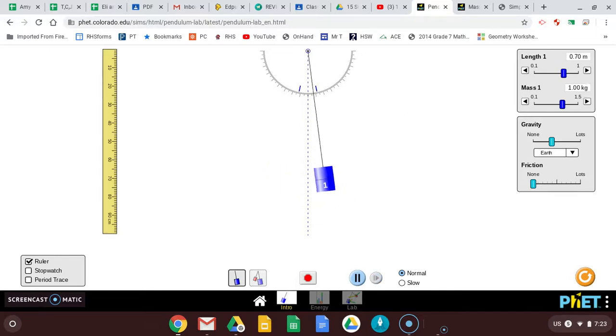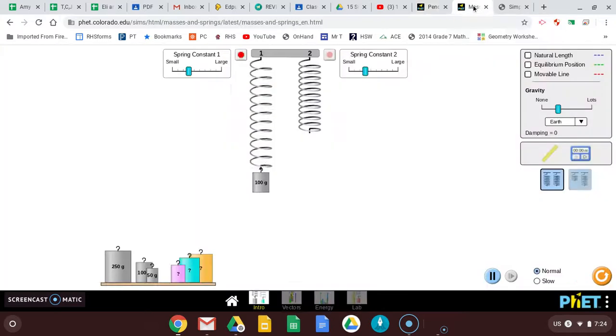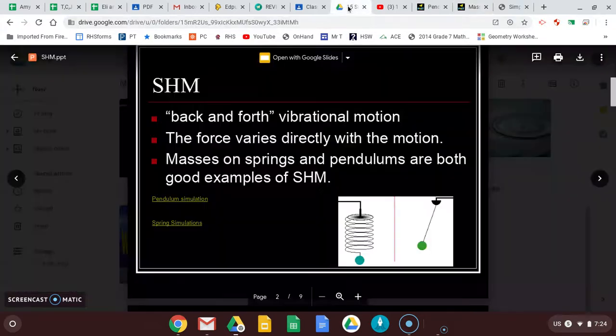But again, don't worry about the fine details with that. When you see systems like this studied in SHM, it's always going to be at small amplitudes. But those are the two kinds of systems we often study. Sometimes spring pendulums also go side to side, like on a horizontal surface. But either way, those are the two most common systems to look at with this certain type of periodic motion we call SHM. Okay, back to the notes.